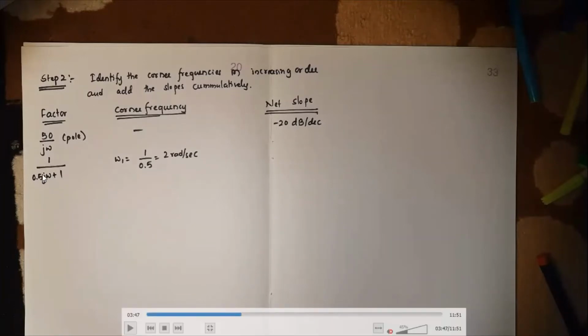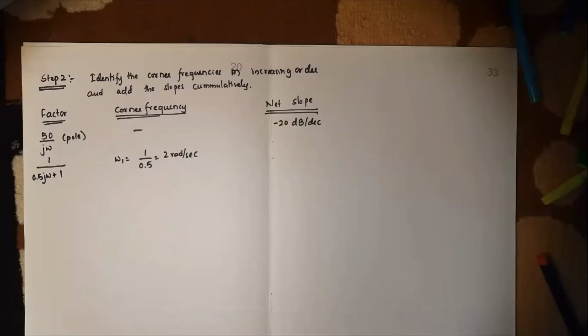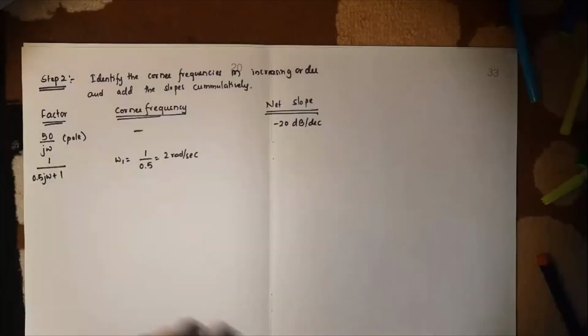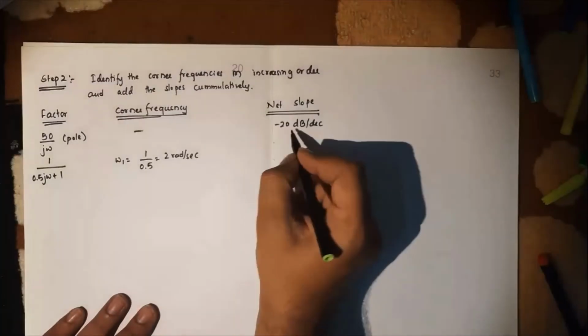From this I have chosen omega 1. So omega 1 equals 1 divided by the coefficient of s, the constant that is multiplied with s. So it is 1 divided by 0.5, equal to 2 radians per second. Let us see what the net slope is for this term.